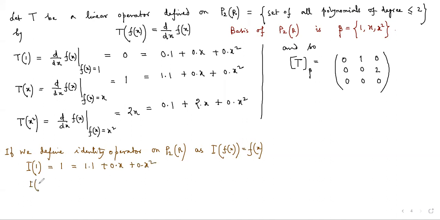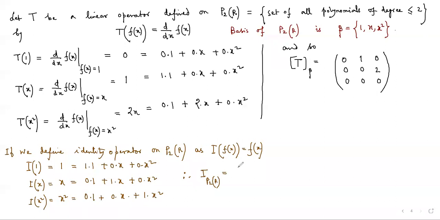I of x will be x, which is 0 into 1 plus 1 into x plus 0 into x square. I of x square is x square, which is 0 into 1 plus 0 into x plus 1 into x square. And therefore, the identity operator with respect to P2R and its basis will be like this. That we all know. It is quite trivial.